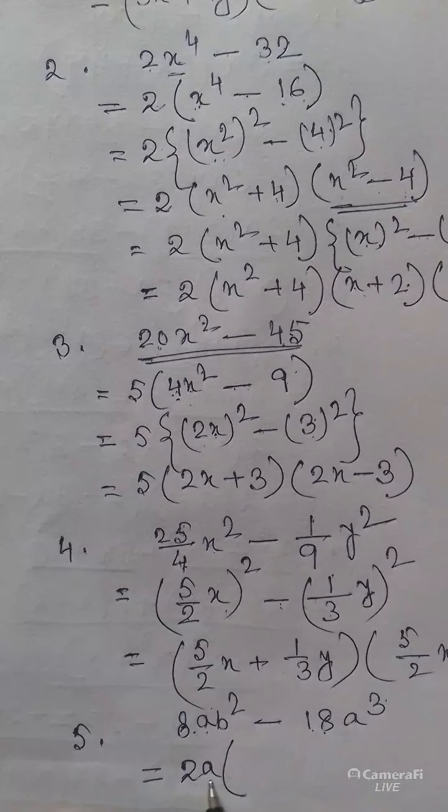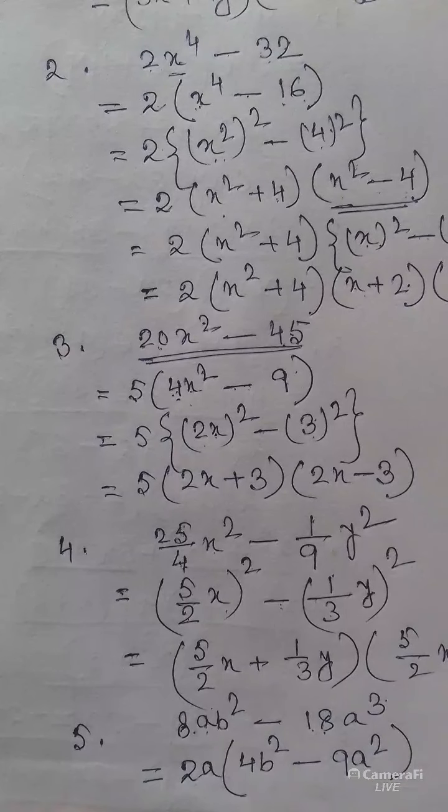If we take 2a common, then we can write 4b square minus 9a square. 2 fours are 8, b square, and 2 nines are 18, a square. Here 4b square, 4 is the square of 2 and 9 is the square of 3.